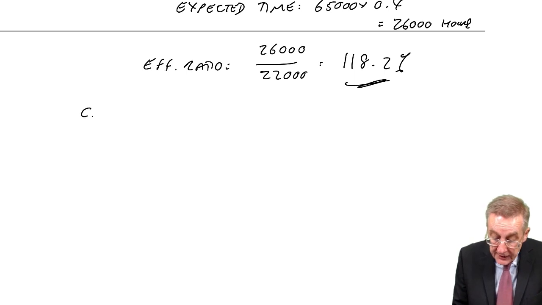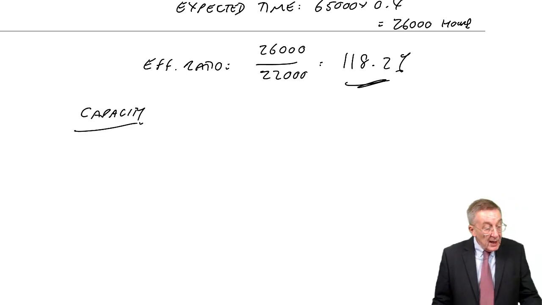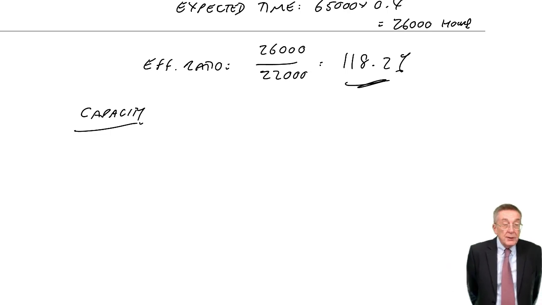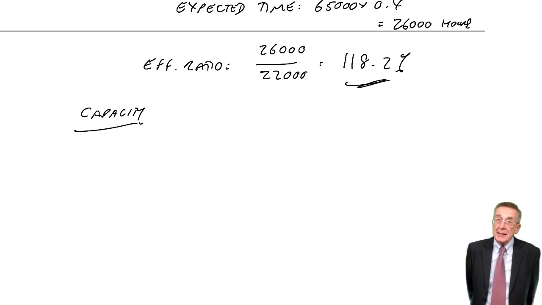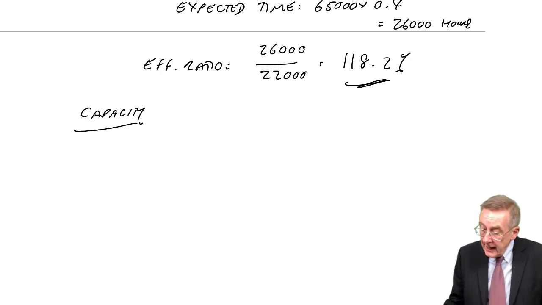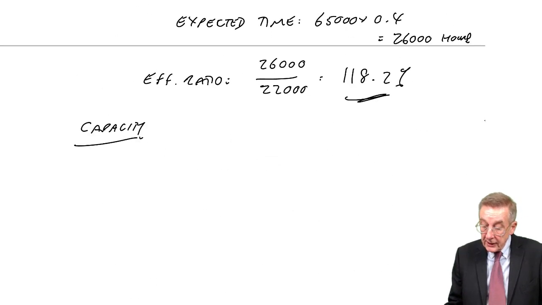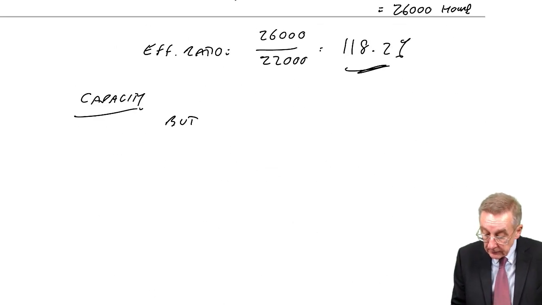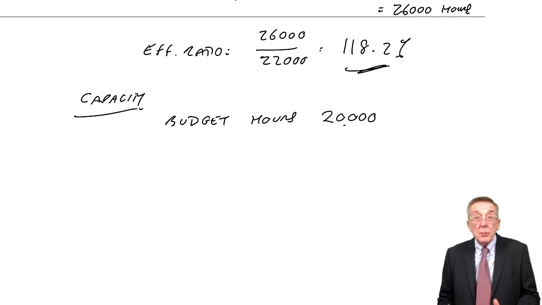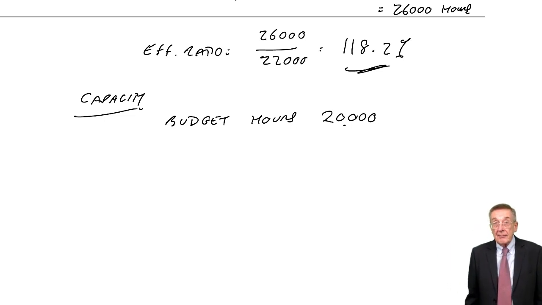The next ratio is capacity. And that's looking to see, did we get more or less hours than we actually expected? You see here, we budgeted on how many hours? We budgeted on 20,000 hours. That's how many hours of work we thought we could get.